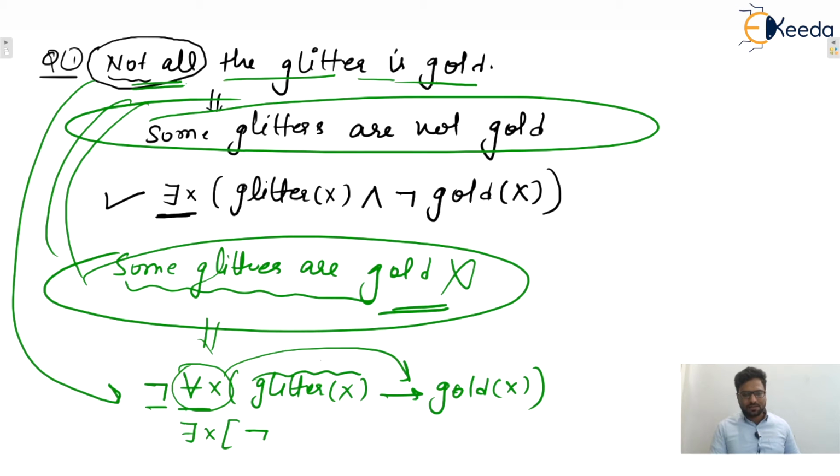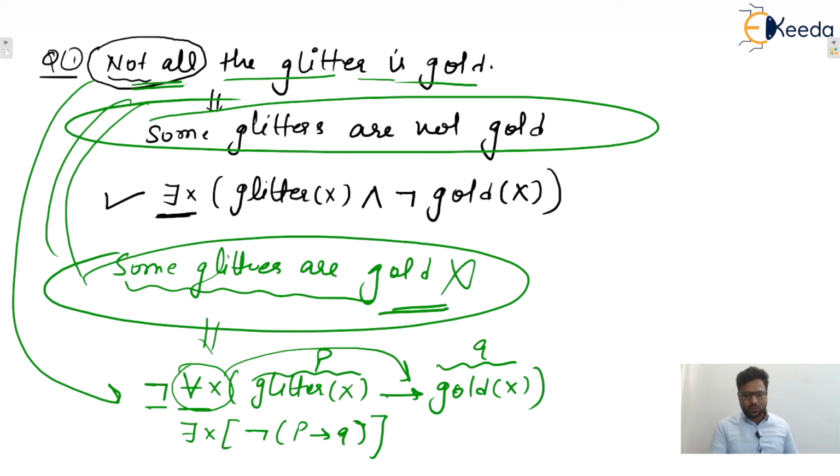Let us assume that this is P and this is Q. Then this is the negation of P implies Q. Negation will be performed on the quantifier as well as the statement.